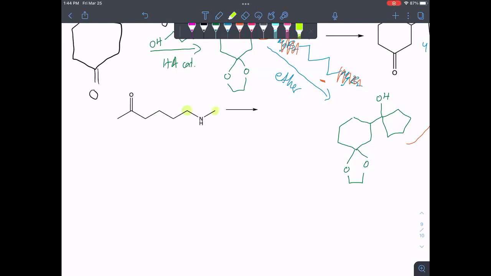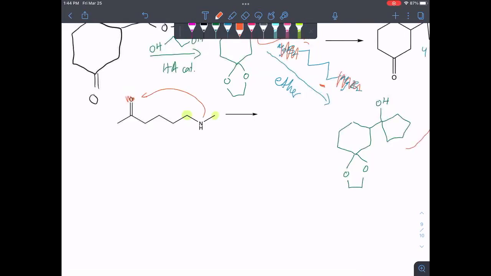So it's the same idea. You basically just cut off the oxygen and put this amine group where the oxygen was. We're just gonna swing that over and attach it there.